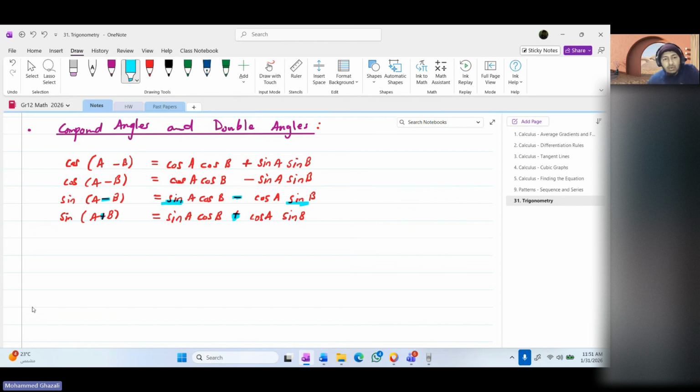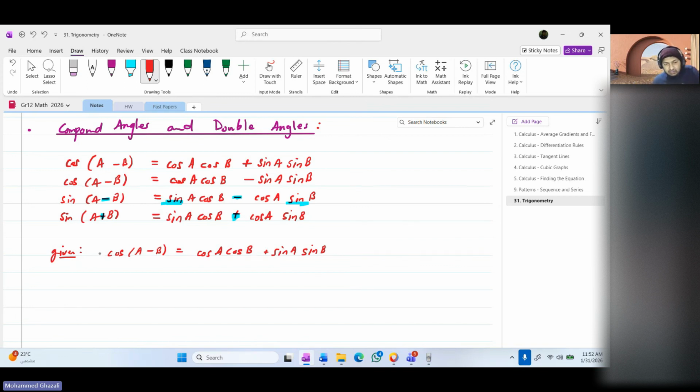Now, what if the types of proofs that you will be given is something like this? Given that cos of A minus B is equal to cos A cos B plus sine A sine B. Using that, find the formula for sine A plus B. What if they tell you that?